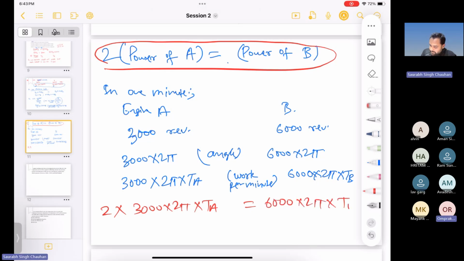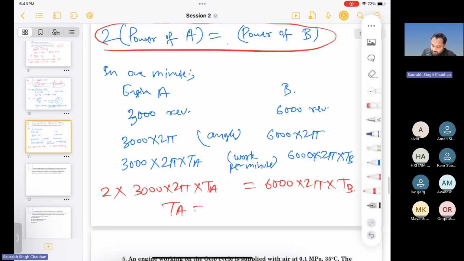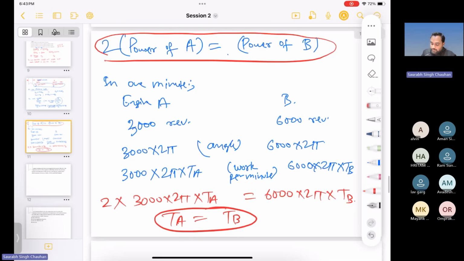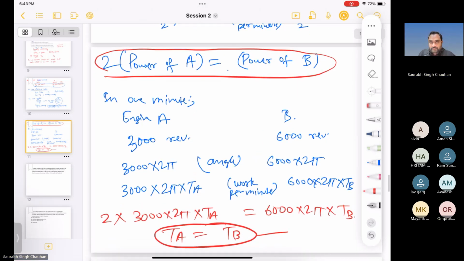Yes. Right? So from this expression, you can clearly see that torque of A is equal to torque of B, right? So torque for both engines is the same, but the power is double, right?